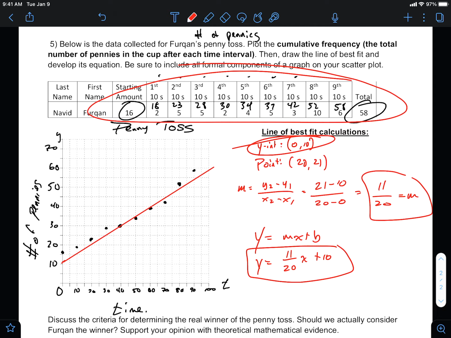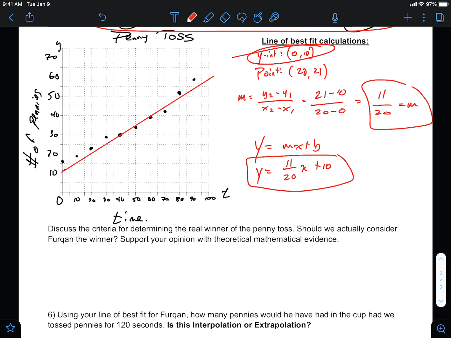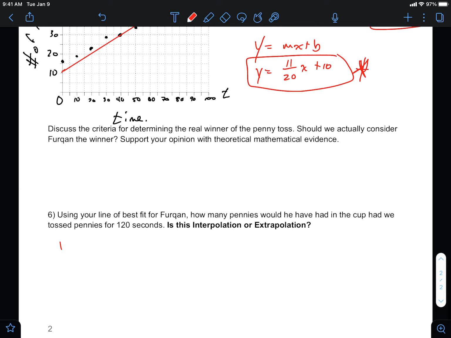I'll jump down to the last question, answer it, and then we can come back to the one in the middle, which we'll just talk about. The very end wants you to use that line of best fit to say how many pennies would have ended up in the cup after 120 seconds. And is this interpolation or extrapolation? We're going to use our equation of the line of best fit.